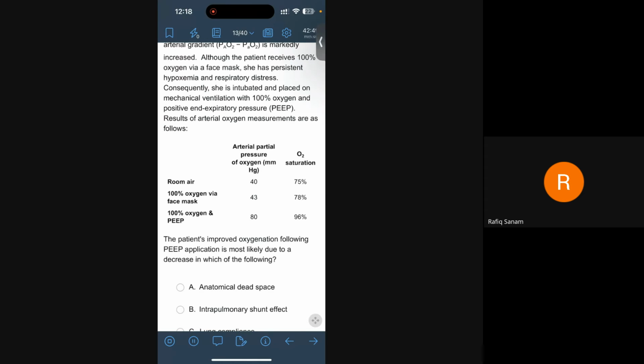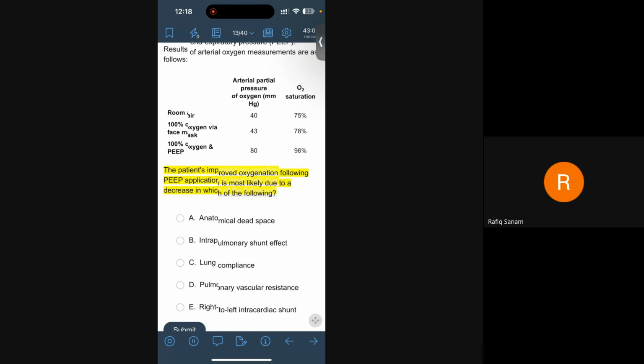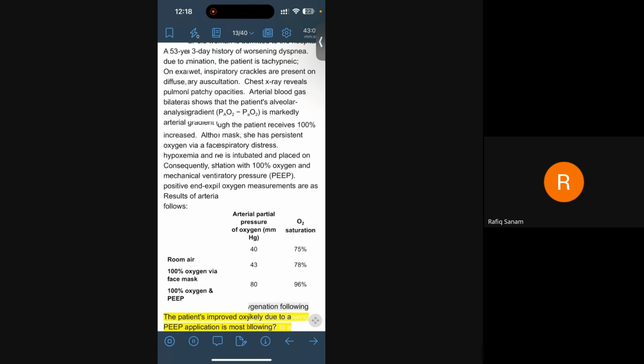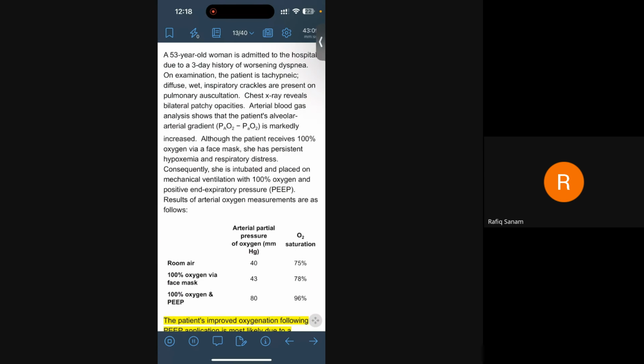The patient's improved oxygenation following PEEP application is most likely due to the decrease in which of the following? First, try to diagnose the patient.